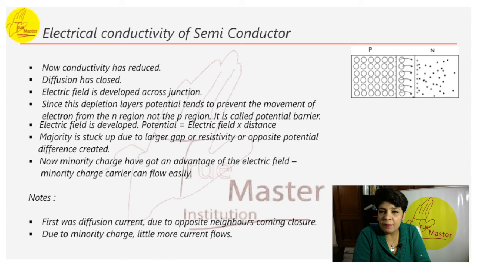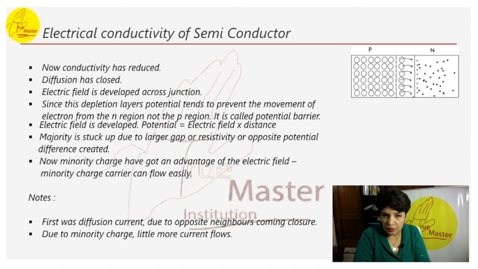The potential is equal to the electric field times the distance in between. The majority is stuck due to the large gap, or resistivity, or the opposite potential difference created. Only the minority charges have the advantage of the electric field, so the minority charge carriers can flow easily.